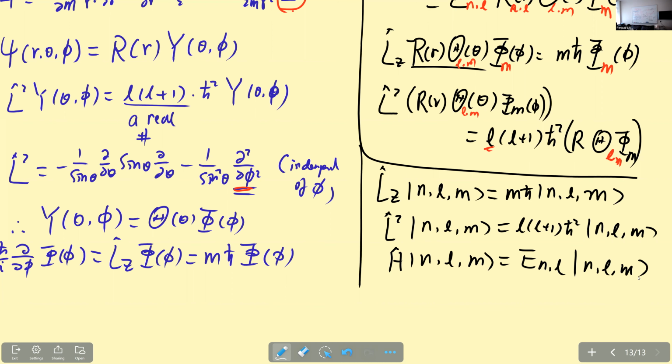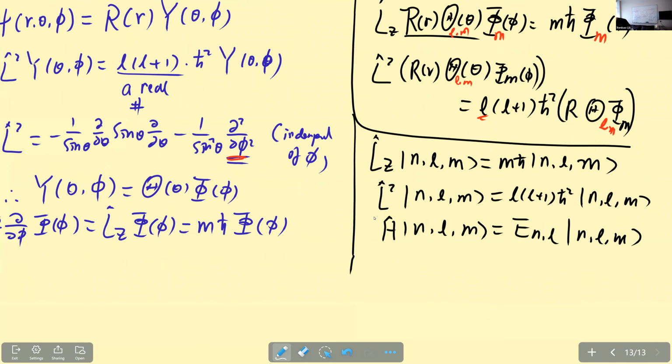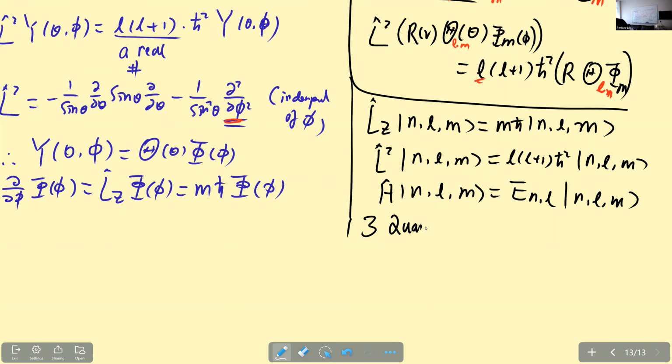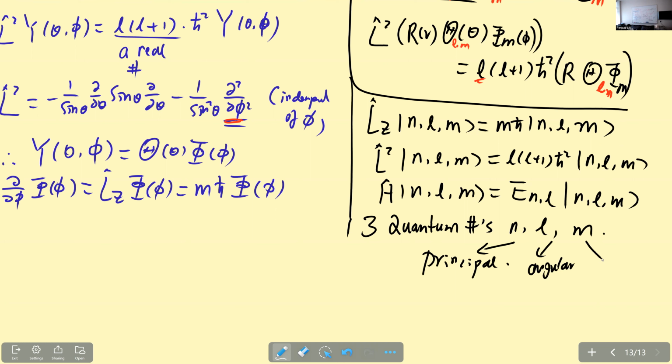So you have three quantum numbers: n, l, m. This one is called the principal, this one is called the angular, and this one is called the magnetic. There's a reason for these names, but so far they're just so-called.